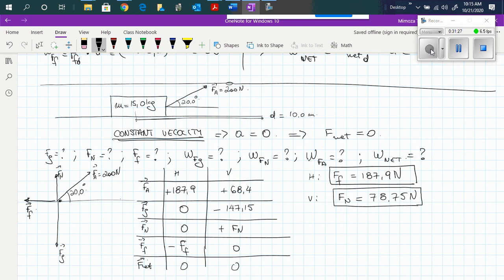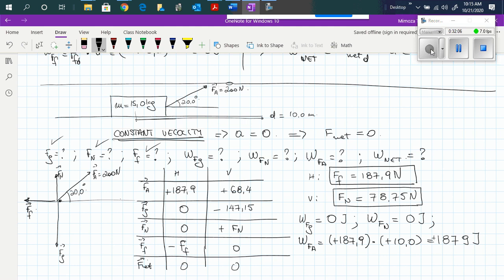Okay, so we found this, we found this, we found this, and now let's find what is work done by force of gravity, and it is 0. What is the work done by force normal? We cleared it. Also 0. What is the work done by force applied? Will be positive 187.9 times positive 10 equals to positive 1879 joules.